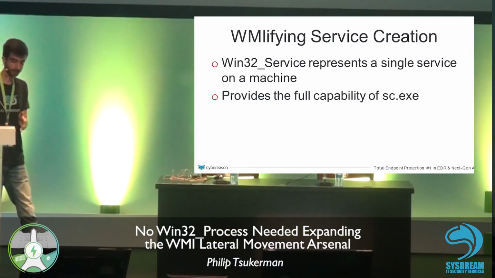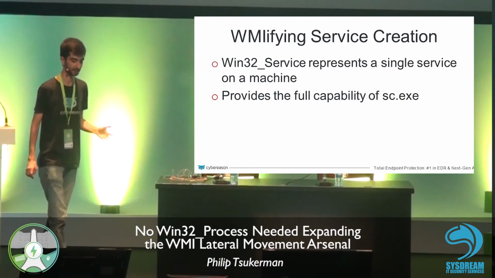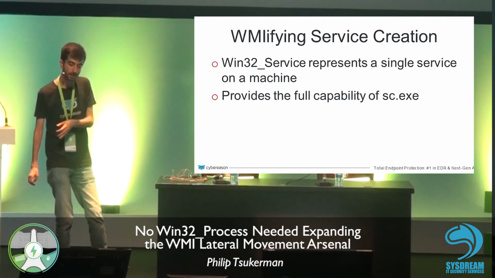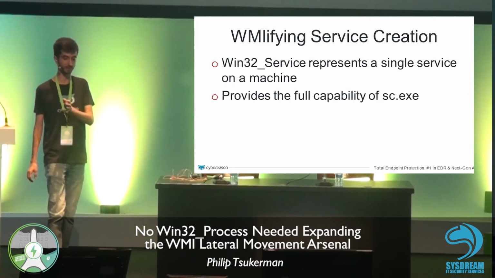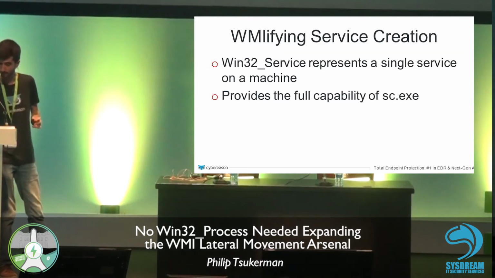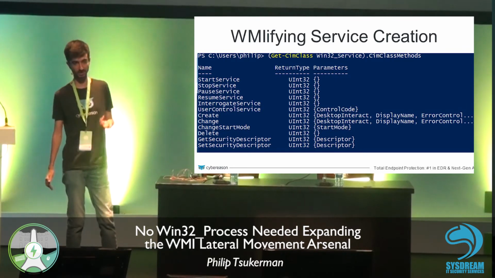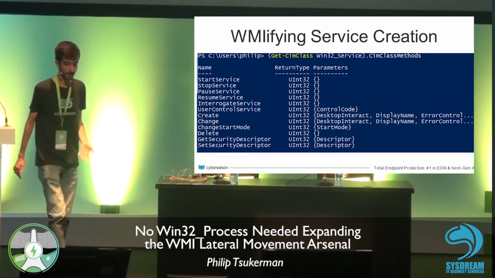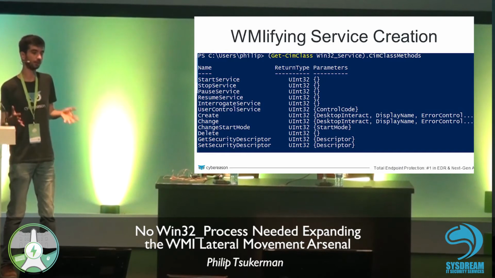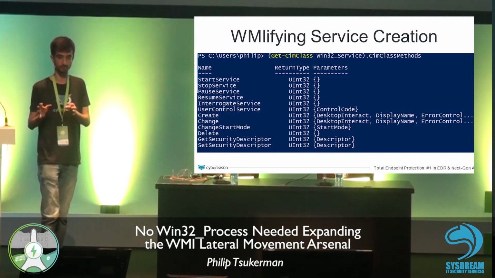The first of those techniques is Win32 service, which represents a single service on a machine. And it provides you the whole capability of sc.exe. This means you could start services, stop them, create new ones, and change existing ones. And this basically means that you could re-implement PSExec using WMI only.